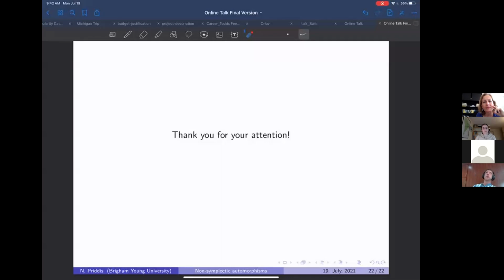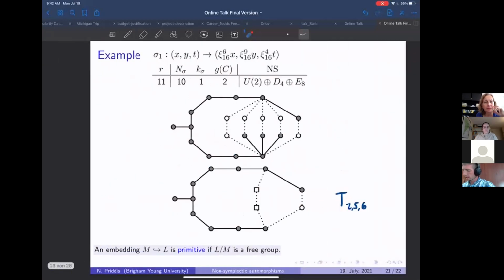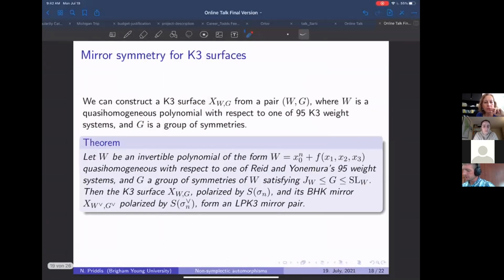If you look back at this slide, I didn't describe very much, but when I talk about a group of symmetries here, this particular group had to be abelian. And so there are some interesting things you can ask about non-abelian groups and still build K3 surfaces or hyperkähler manifolds. I think there's something interesting to say there, but I haven't had time yet to look into that.